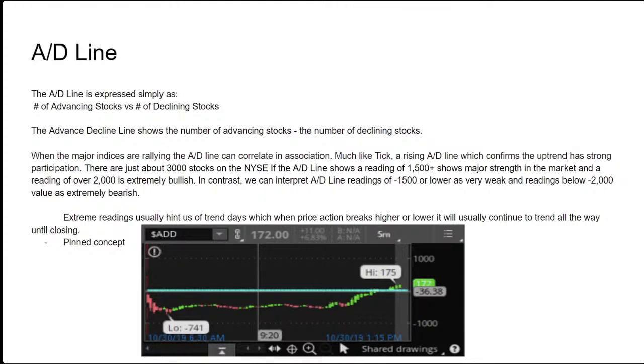And something like this is an indication that we could continue trending for even days. Whereas if we're pinned to the downside and we have negative 2000 and holding below, that shows really extreme weakness. And something like that could be an indication of perhaps a correction or even a market crash.